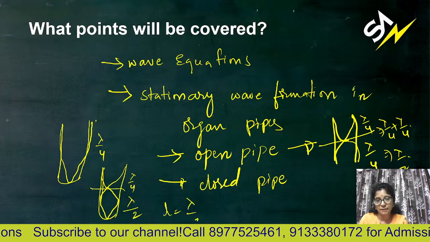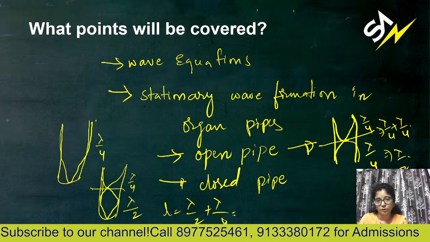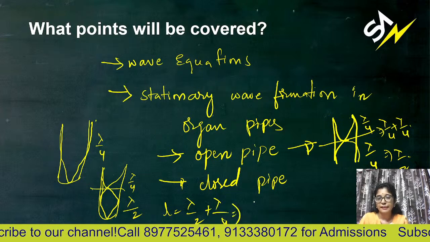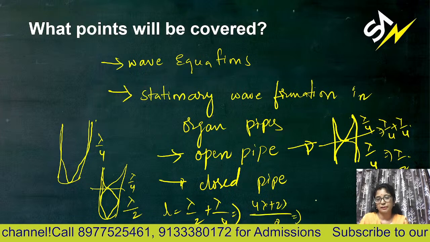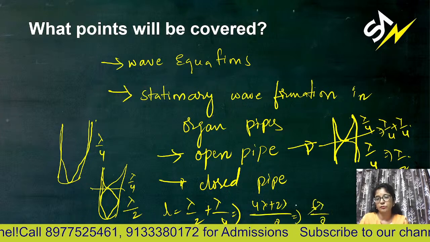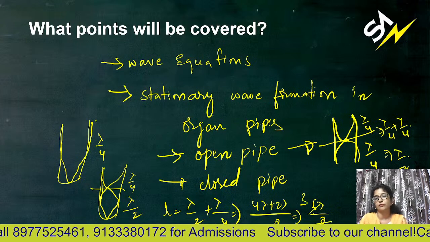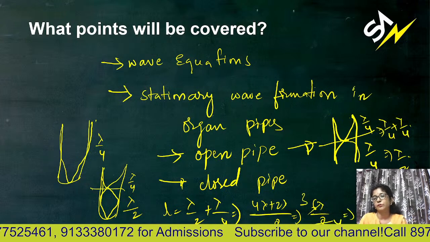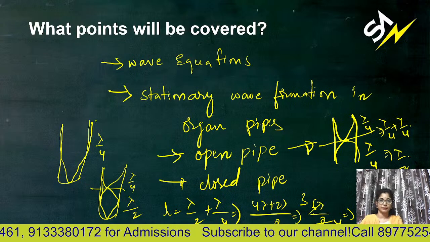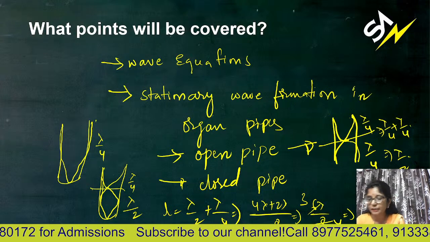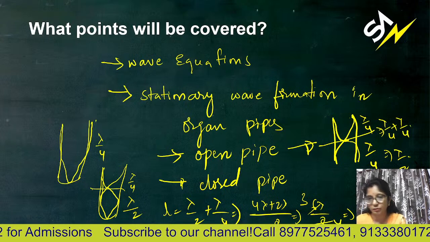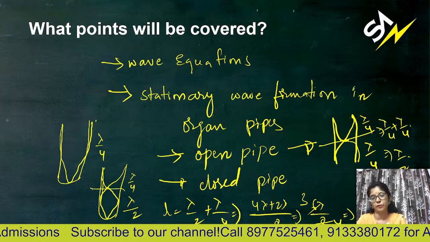Total length is lambda by 2 plus lambda by 4, which is 4 lambda plus 2 lambda by 8, that is 6 lambda by 8, so 3 lambda by 4. This is how you find the length for higher orders also. So these are the open and closed pipes.